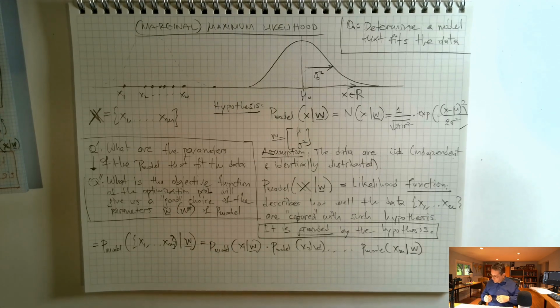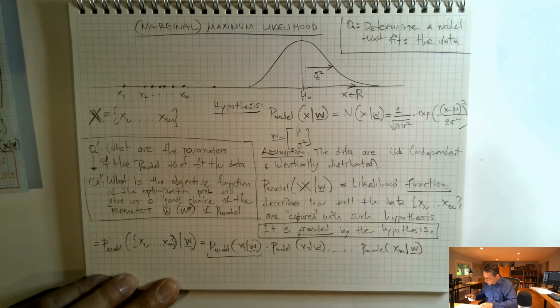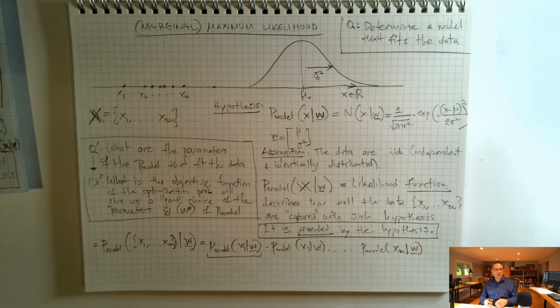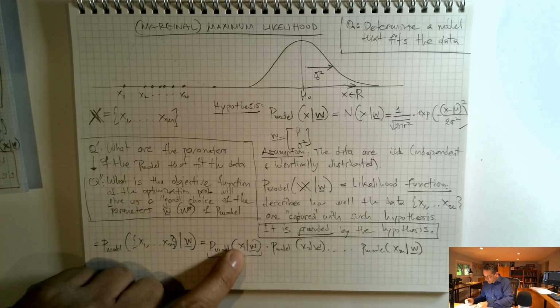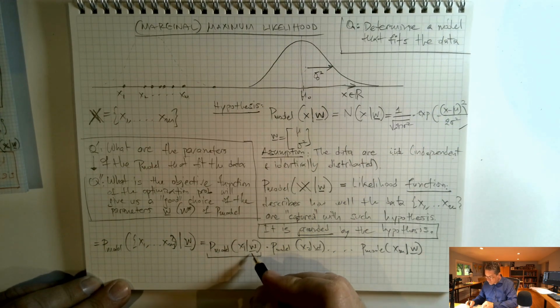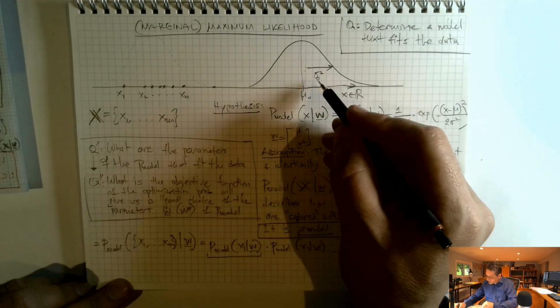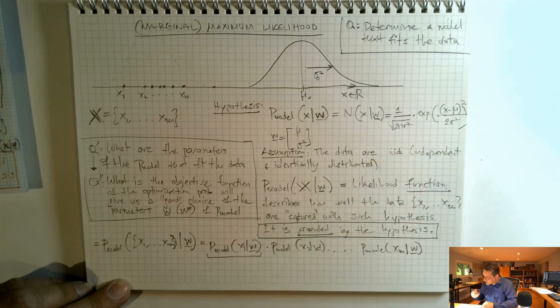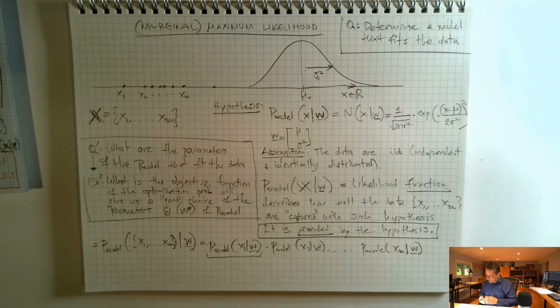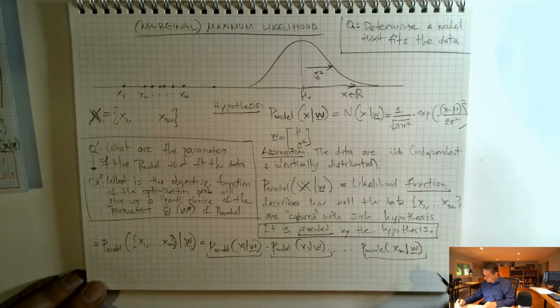And this product, I think it's worthwhile spending some time on each one of those terms. Each one of those terms can be completely evaluated, and it's very easy to see how. We know x1, so we can plug it in here. We have assumed a specific hypothesis, in this specific case it is mu0 and sigma 0 squared, so we can plug mu0 and sigma 0 squared over here. And so each of these is a number, a floating point number.